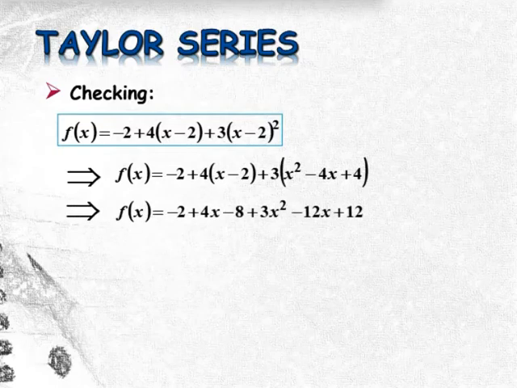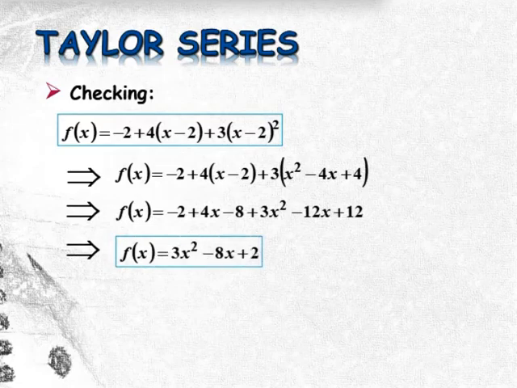So f of x equals negative 2 plus 4x minus 8 after distribution, plus 3x squared minus 12x plus 12, another distribution. Then we combine similar terms and we will end up with f of x equals 3x squared minus 8x plus 2. So the Taylor series representation of the function was simplified and transformed to the original function. Thus, the Taylor series works.